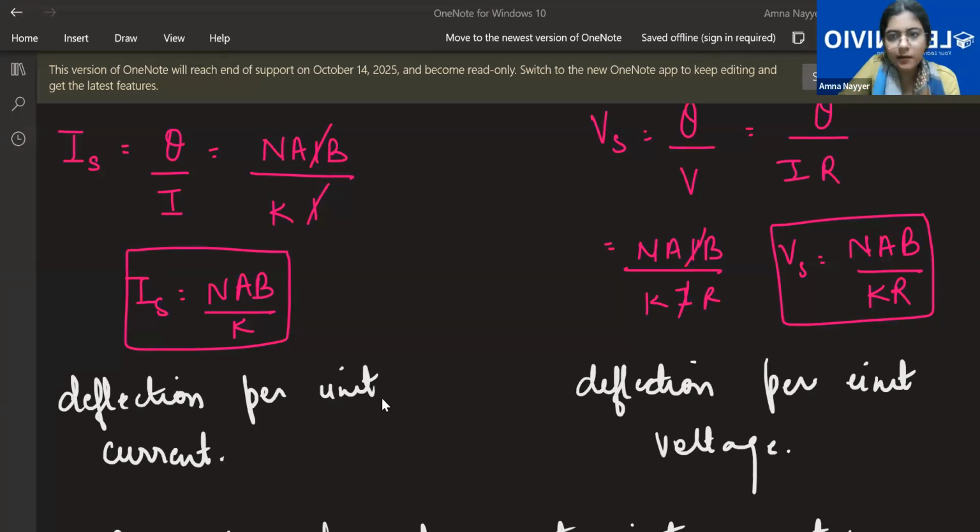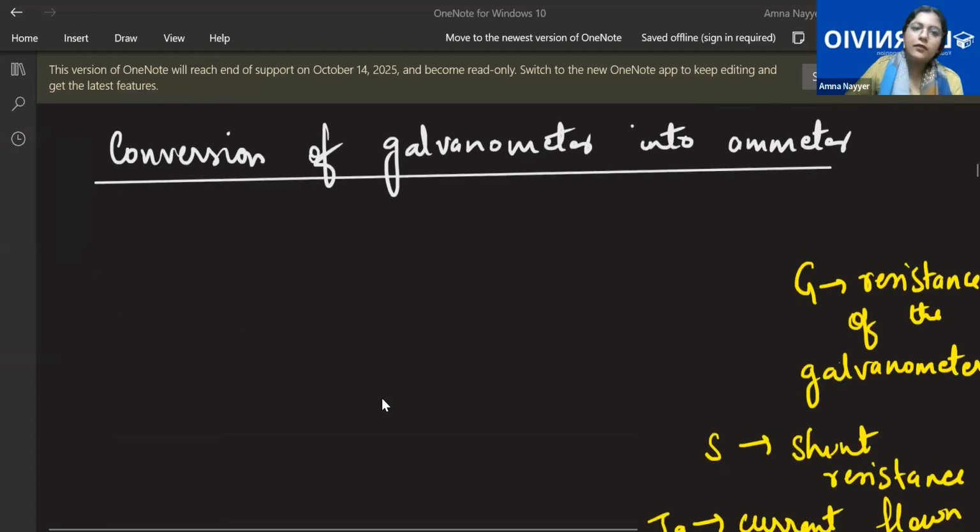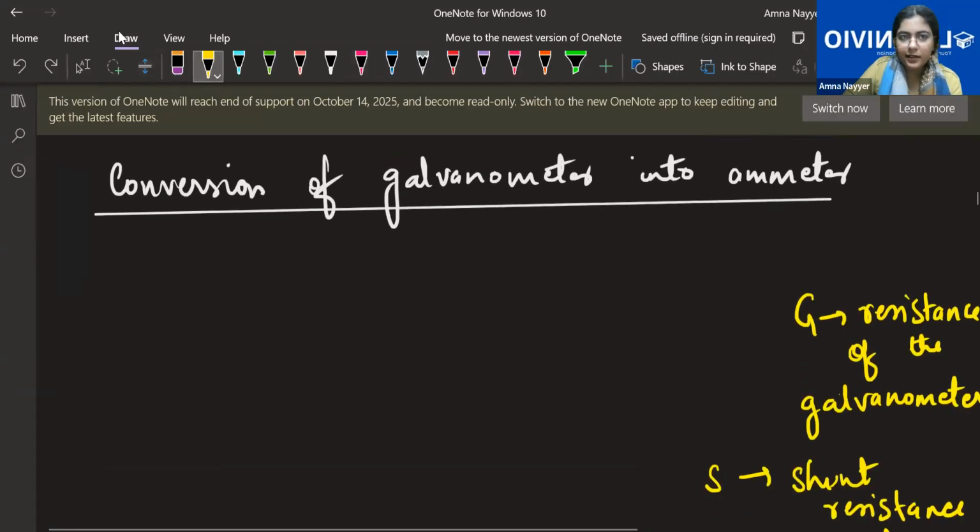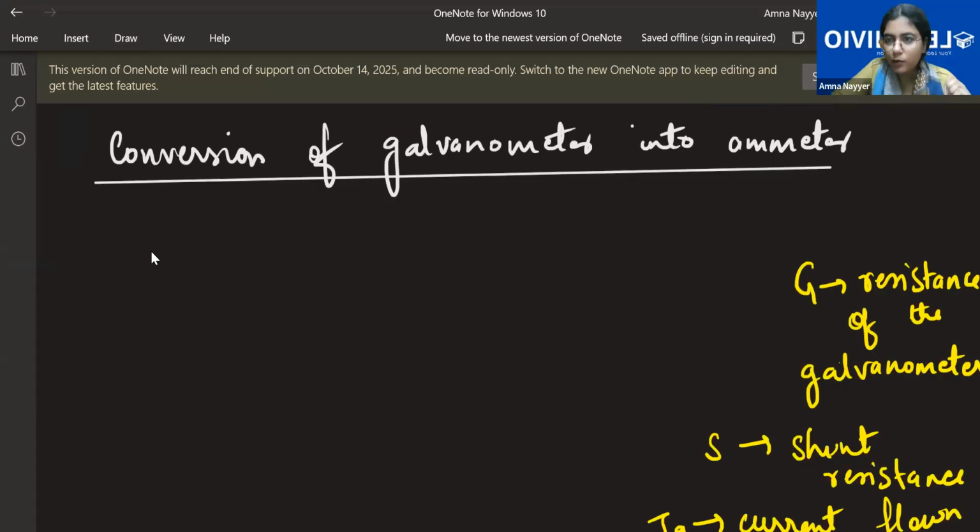Let me know. See, conversion of a galvanometer into an ammeter. Basically, if you just have a galvanometer, as I discussed with you, a galvanometer just detects current. It doesn't measure current. So if it just detects current, how will I calculate the value of the current? That's the problem. If an ammeter is there, then everything will be done perfectly, because the ammeter's function is to provide the current's value.